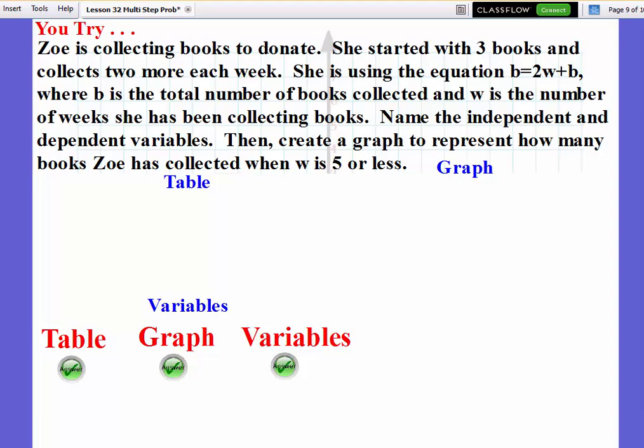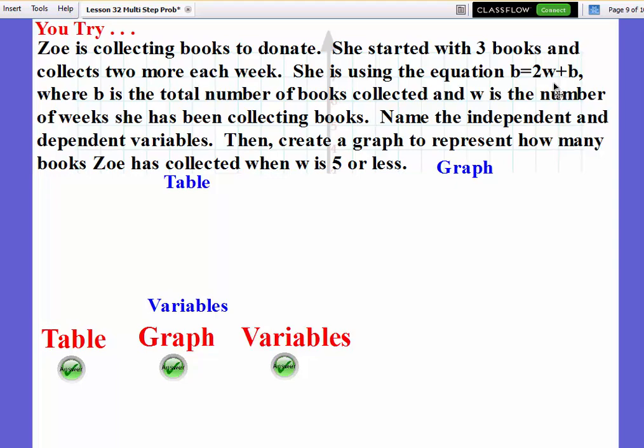So I want you to try this problem now. Zoe is collecting books to donate. She started with 3 books and collects 2 more each week. She is using the equation B equals 2W plus B, where B is the total number of books collected and W is the number of weeks she has been collecting books. Name the independent and dependent variables.